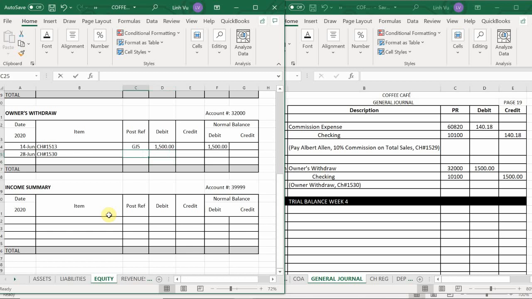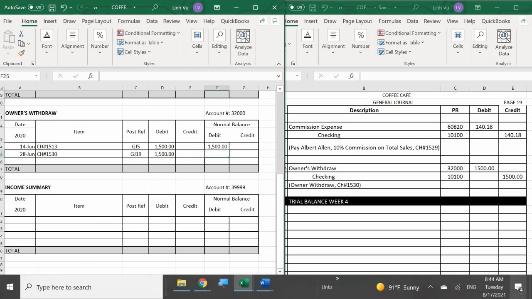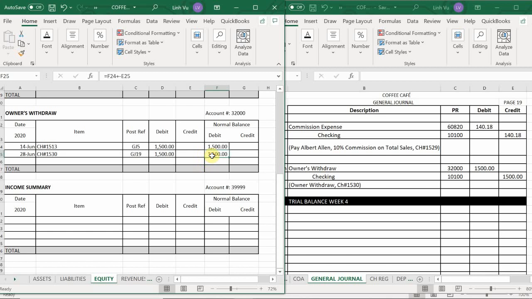General Journal 19 for 1,500. So therefore, this should bring my balance to be $3,000.